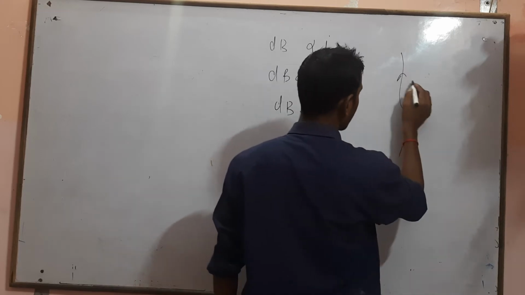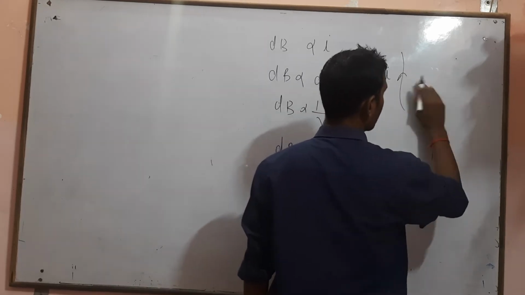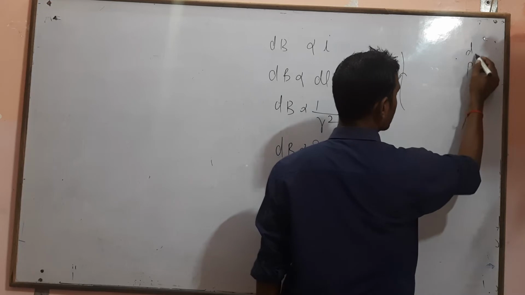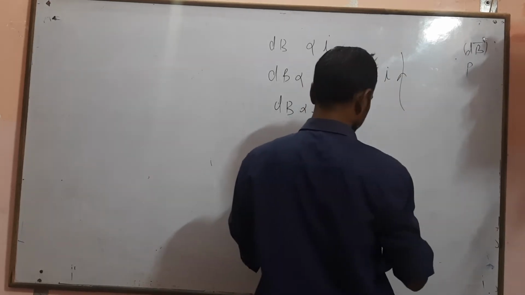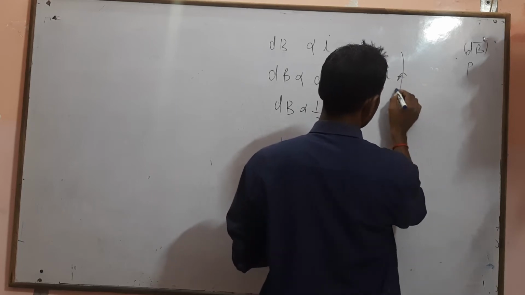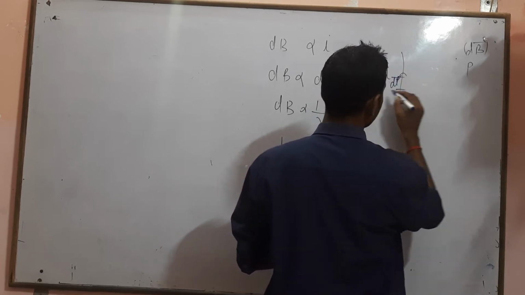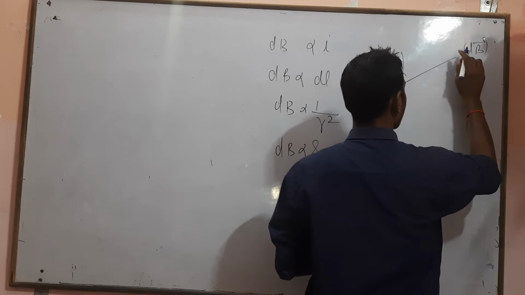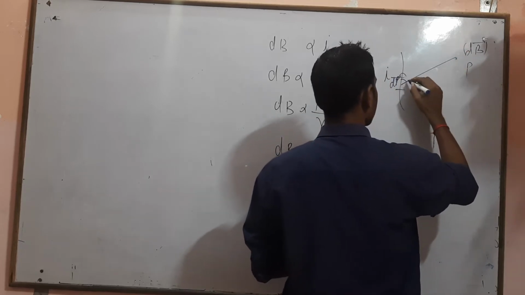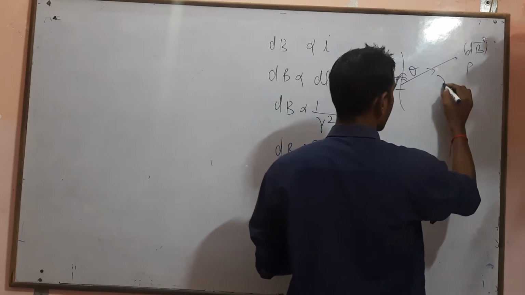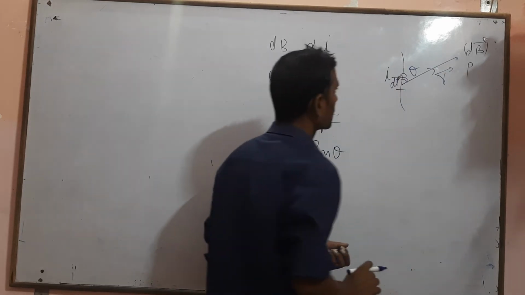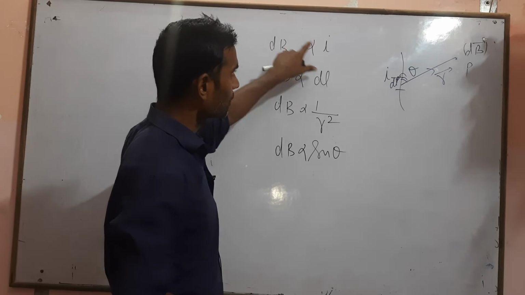Look here, this is the current I, this is the point P, and we need the magnetic field dB. Let us suppose this is the dl vector, this is the angle theta, and this is the position vector r.